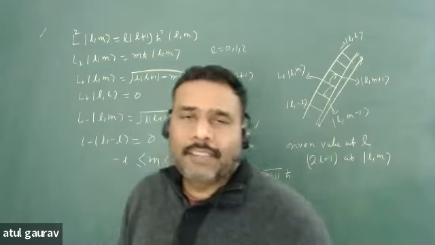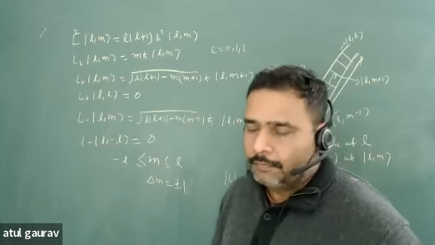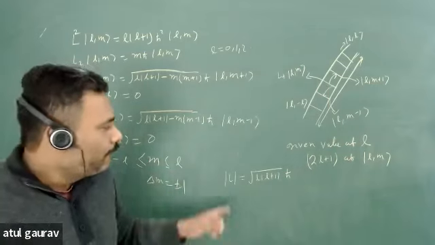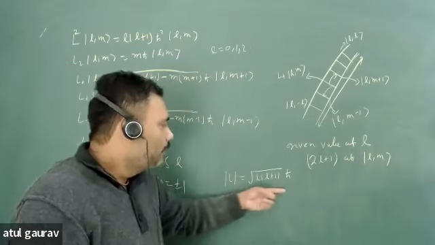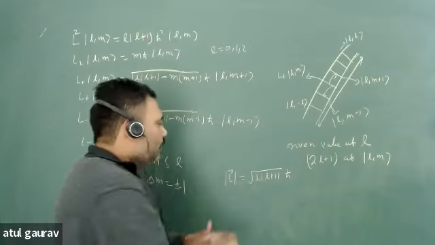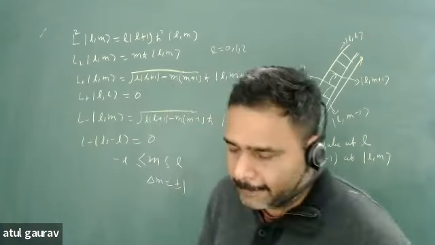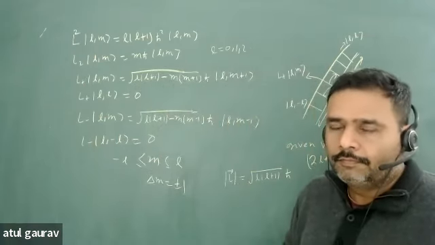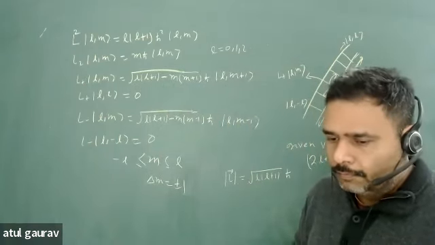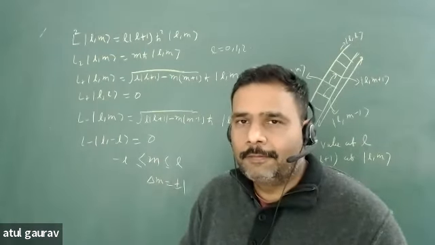So if I am talking about this magnitude of L, how many possible vectors are there in classical mechanics? Suppose I fix the magnitude of this particular vector L. How many vectors can you make in classical mechanics? बताइए कितने वेक्टर्स पॉसिबल हैं क्लासिकल मैकेनिक्स में?